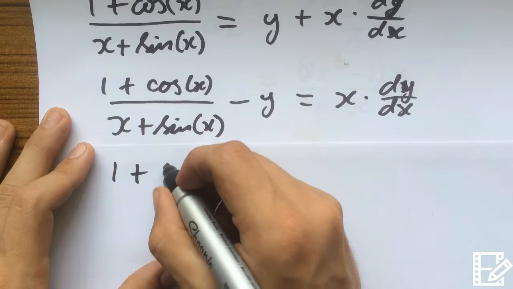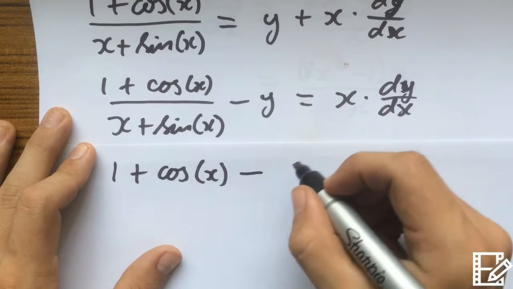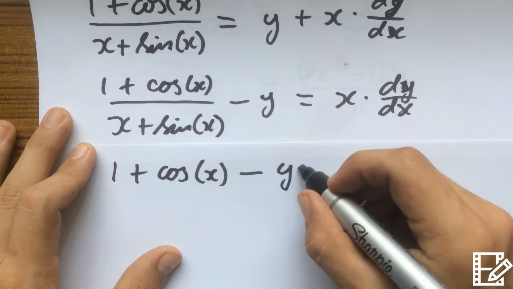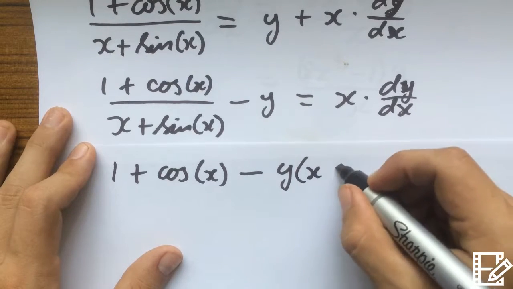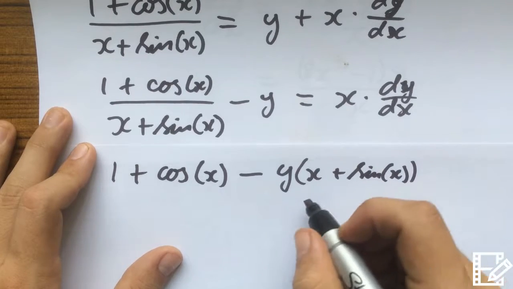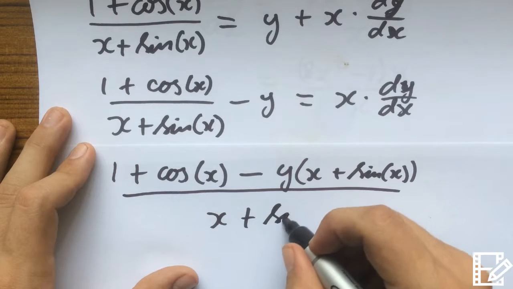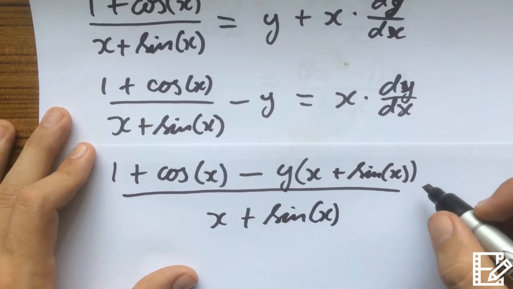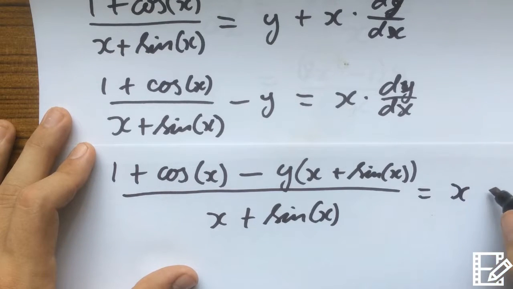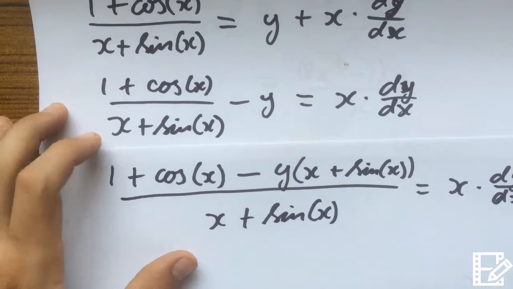So 1 plus cos x, and I have y multiplied by x plus sine x, and I have x plus sine x, equals x dy dx. I haven't done anything tricky here.